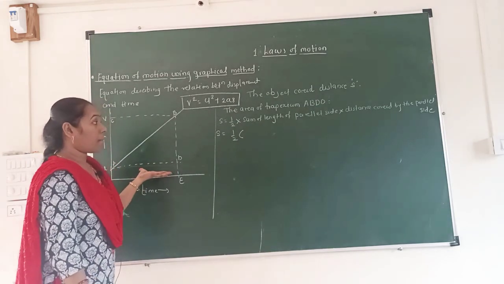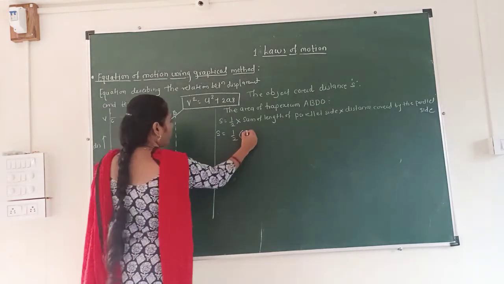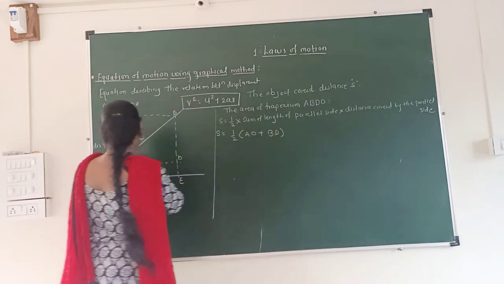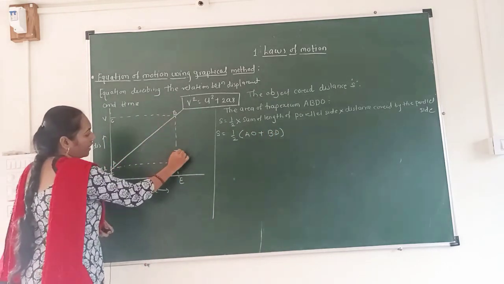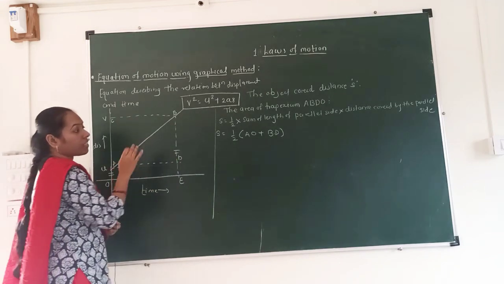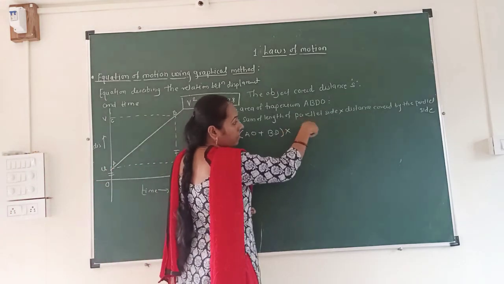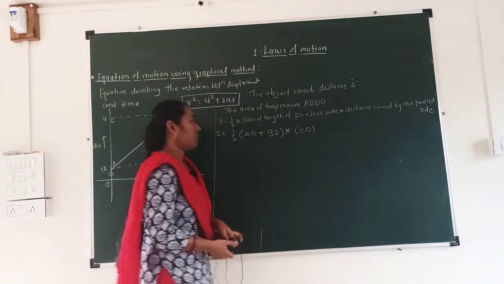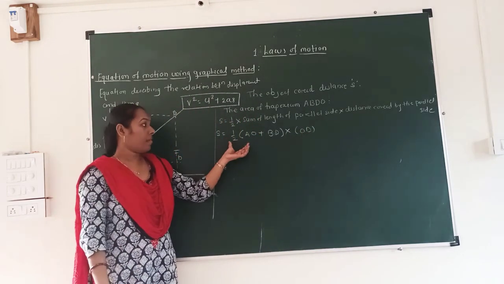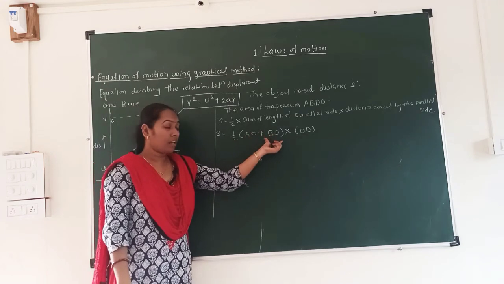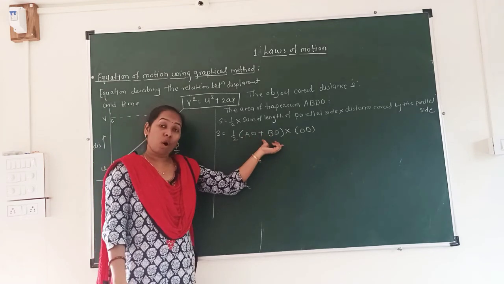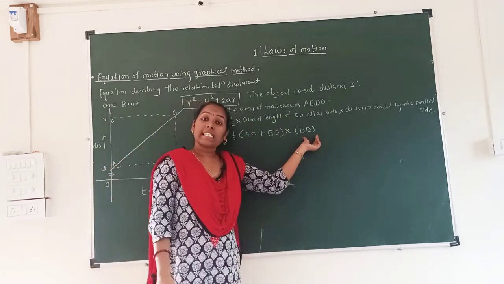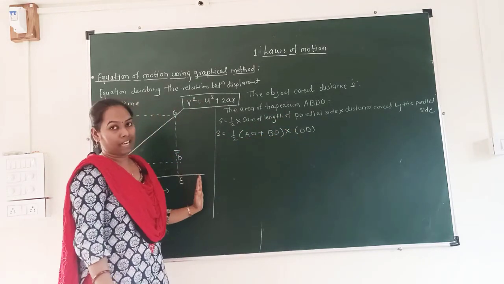Which sides are parallel? AO plus BD: AO and BD are the parallel sides, and the distance between the parallel sides is OD. Are you getting this? So S is 1/2 into AO and BD, which are the lengths of the parallel sides, and OD is the distance covered by this trapezium.